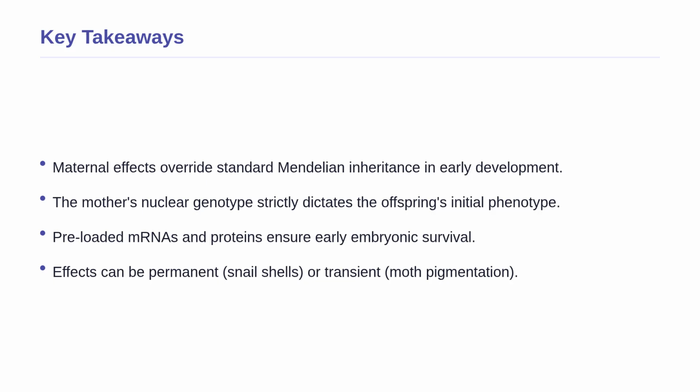Second, this happens because the mother preloads the egg with specific messenger RNAs and proteins, which are absolutely essential for the embryo to survive before its own genes activate. Finally, we saw that these effects can be permanent, like the spiral direction of a snail's shell, or temporary, like the pigmentation of a moth larva. You now have a solid understanding of this complex layer of genetic inheritance.